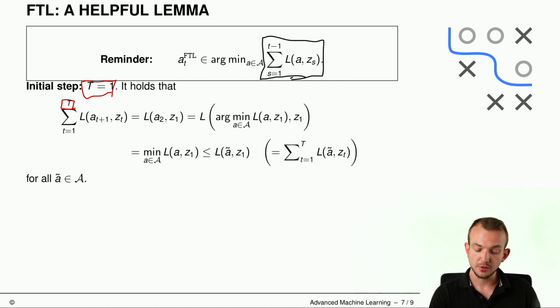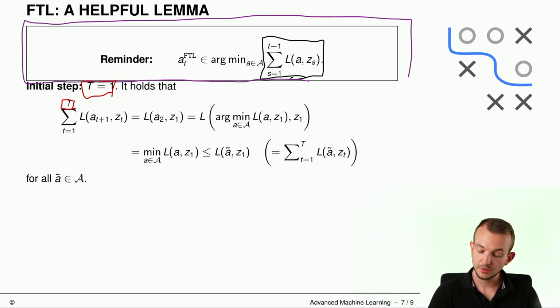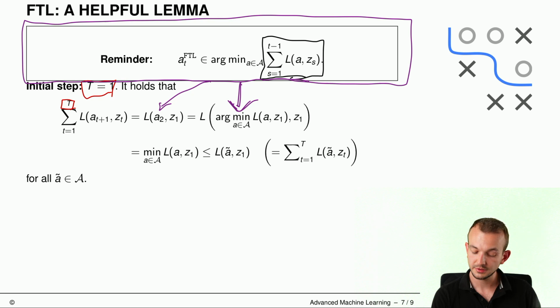But now our reminder comes into play. Now, how do we choose this action? Well, it's the argmin of the cumulative loss in time step 2. Well, in time step 2, the cumulative loss is only consisting of one loss, namely the one we suffered in time step 1, for seeing the environmental data point Z1, this one, and we look at the minimum one.